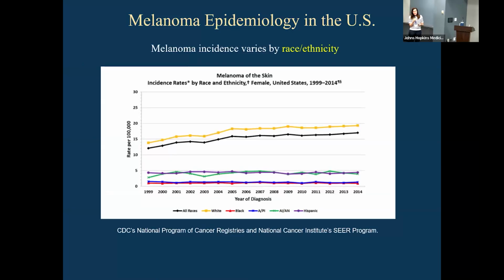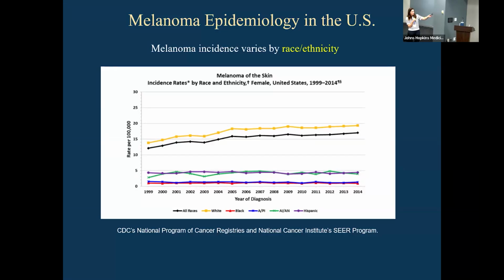We also know that the incidence of melanoma varies greatly by race and ethnicity, and this is another chart from data from the SEER program, looking at incidence rate again on the y-axis. This is now looking at year of diagnosis, and the yellow is Caucasians.